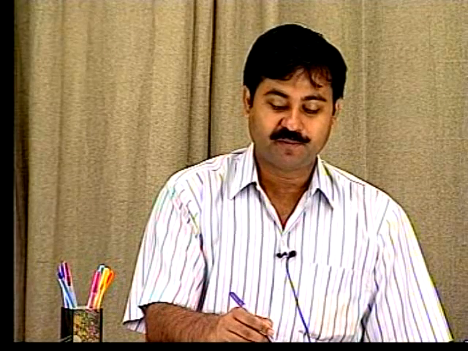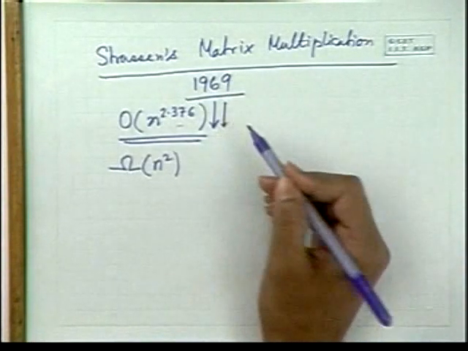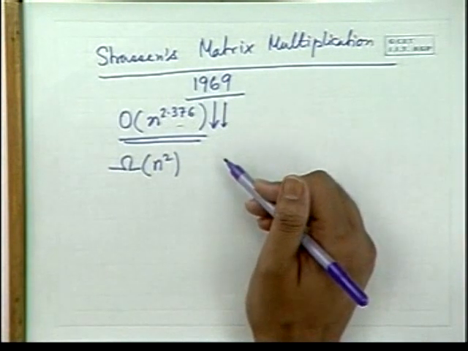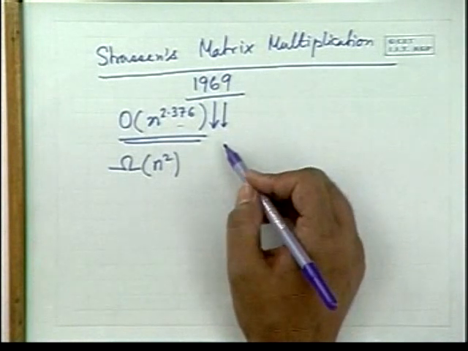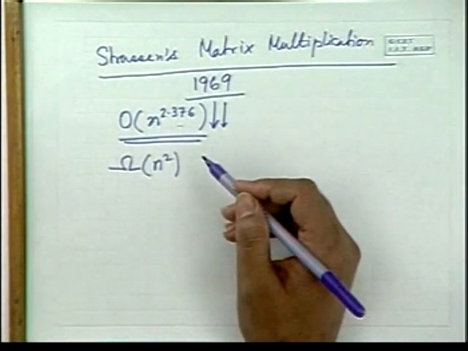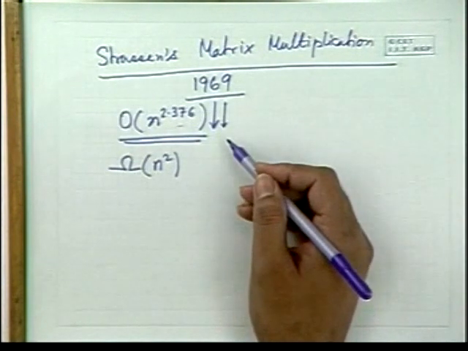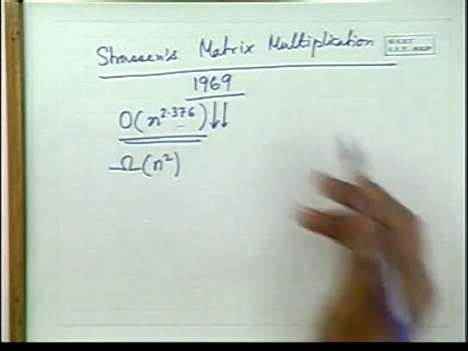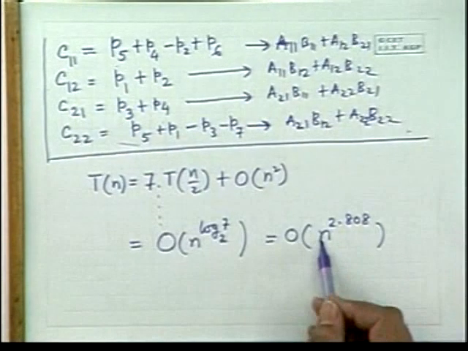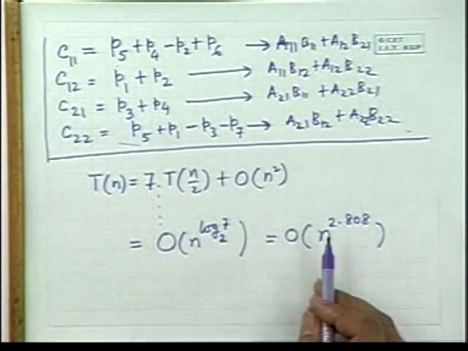Let me make one more point, then I will finish matrix multiplication. When we did this order n to the power 2.808 algorithm, it is a little bit complicated and does not achieve that much. Strassen's algorithm is order n to the power 2.8 and the usual matrix multiplication gives order n cube.